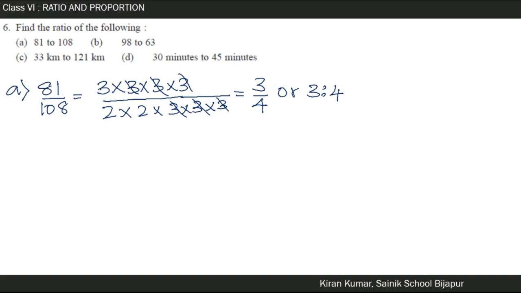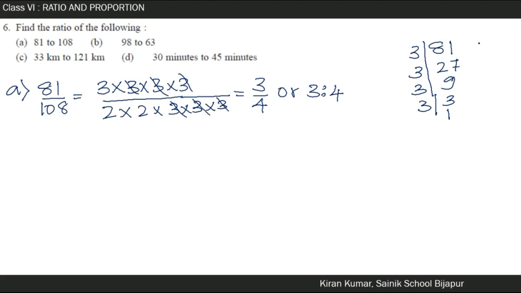How did I come to a conclusion that 81 is 3 multiplied 4 times? We have to follow prime factorization. 3 27 times, 3 9 times, 3 3 times, and 3 1 time. So 3 is multiplied 4 times, we get 81.